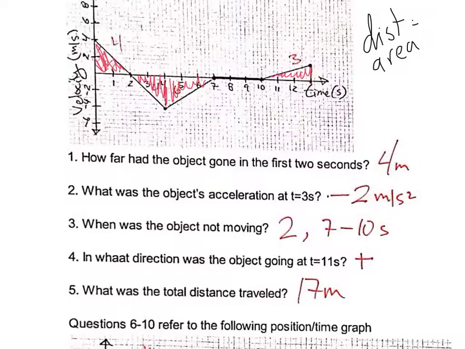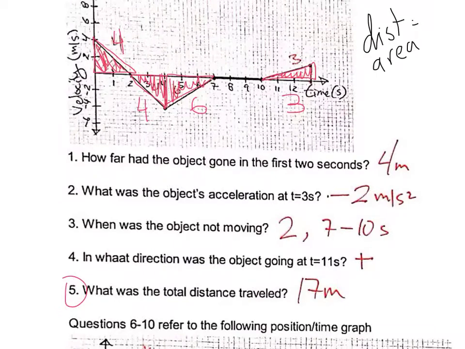So our first triangle, 1/2 base times height gives us 4. Our second triangle, 1/2 base times height gives us 4. Third triangle, 1/2 base times height gives us 6. And then this 1/2 base times height would give us 3. Okay, adding those up.